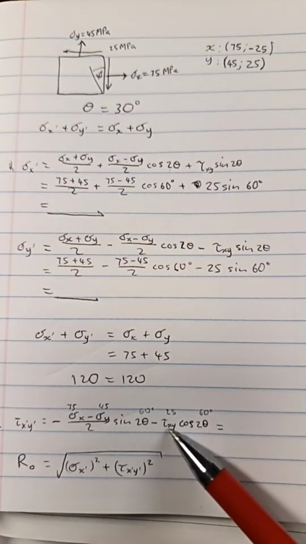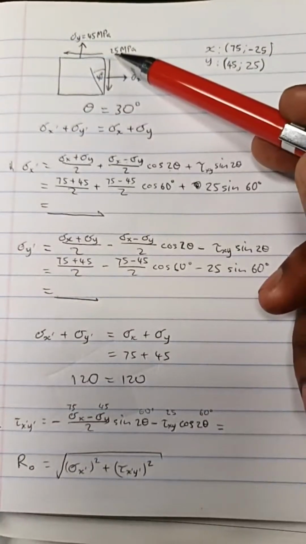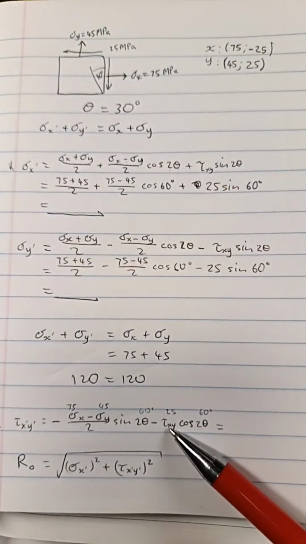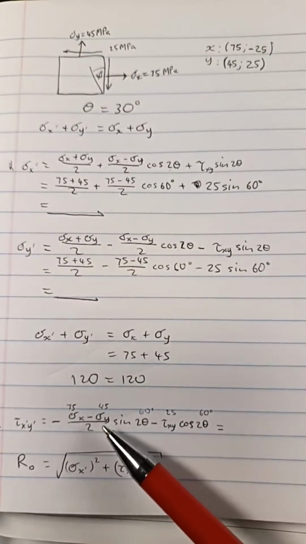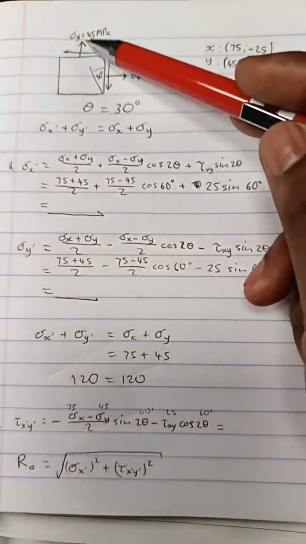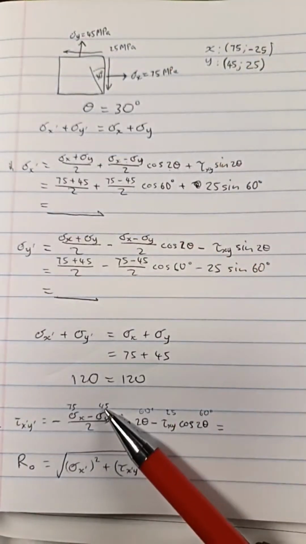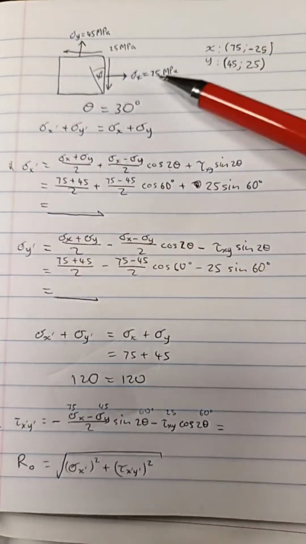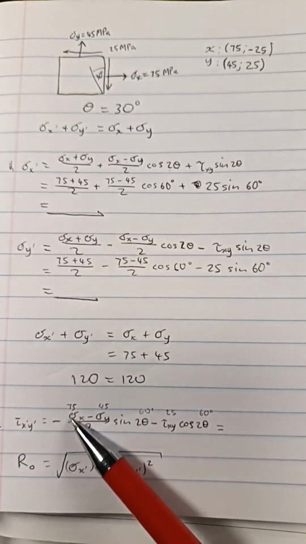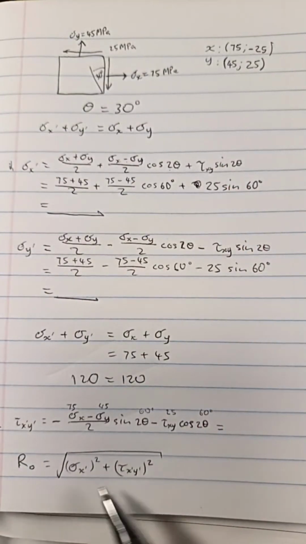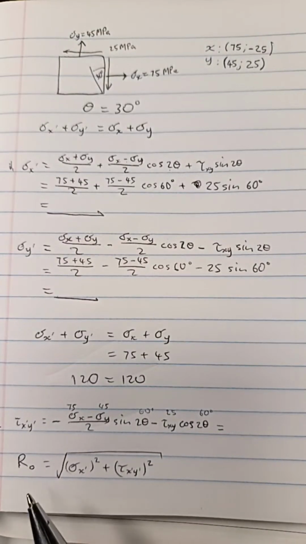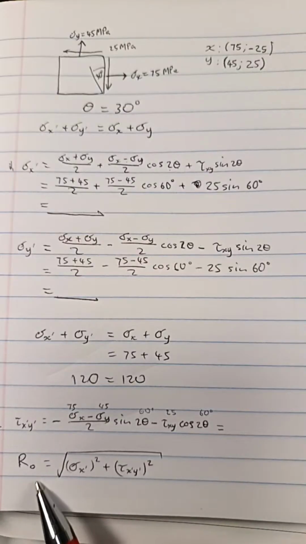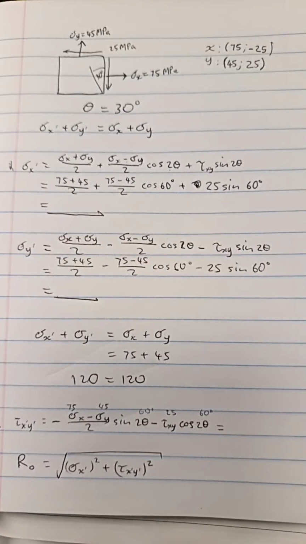This stress, it is that 25, so you just write that 25. 2 theta, theta is 30 times 2, that is 60. This is sine. Stress y is 45, substitute by 45. Stress x is 75, substitute by that 75. You get the answer. That answer plus that one will give you the resultant stress. Okay?